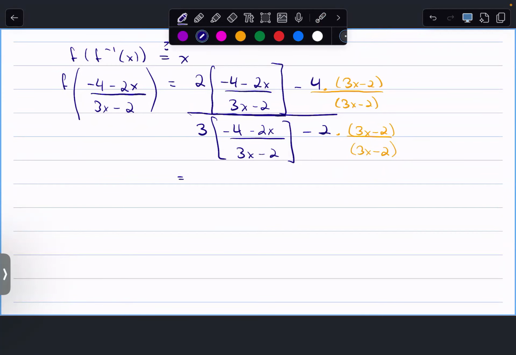So 2 times -4 times -2 is -8 minus 4x. That's going to be over 3x minus 2. Minus 4. Should we expand it? 4 times 3? Oops. Minus 12x.